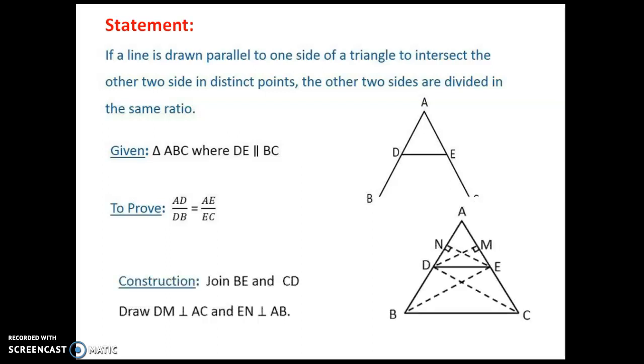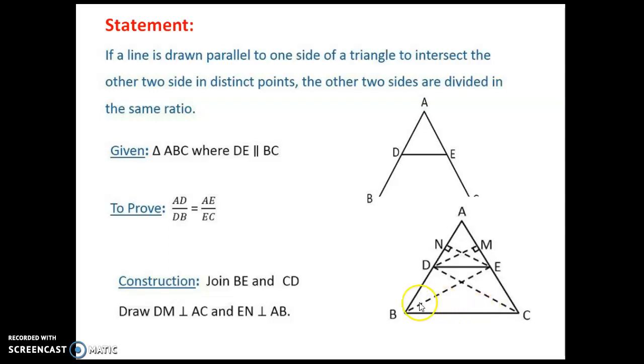So construction. What we are going to construct: join BE and CD. B is here, E is here, so this we are going to join. And CD, C is here, D is here, these two points we are going to join. Then draw DM perpendicular to AC.